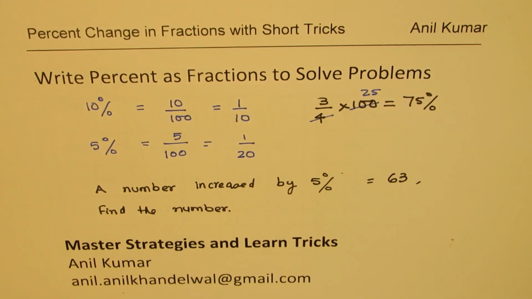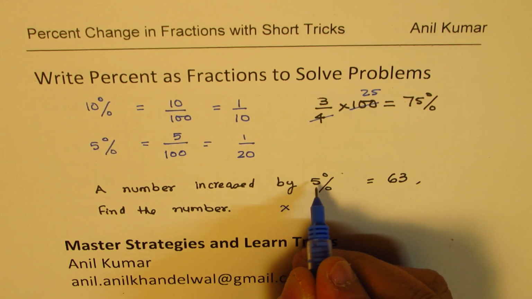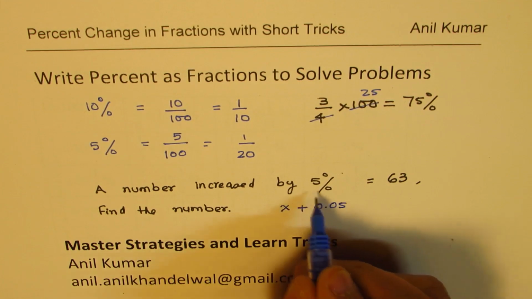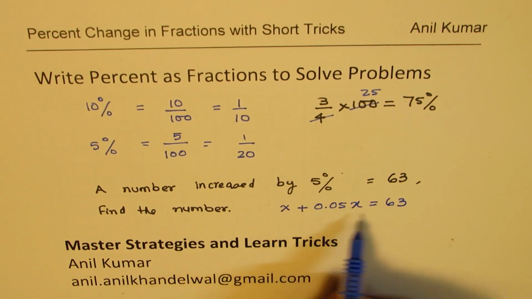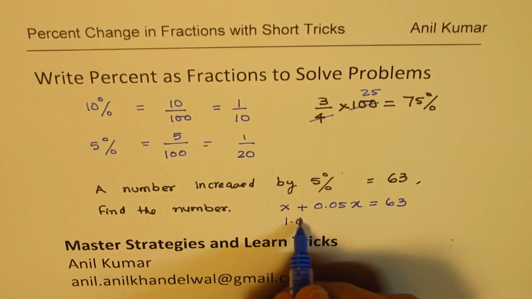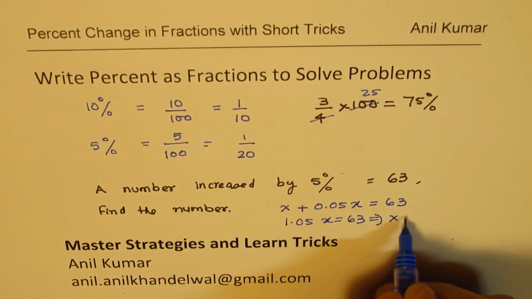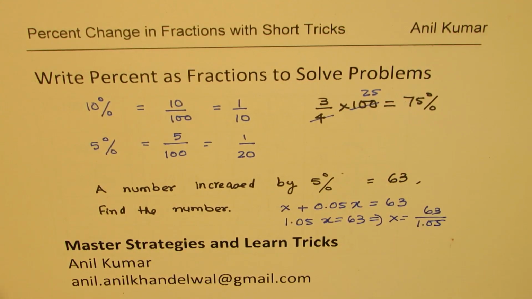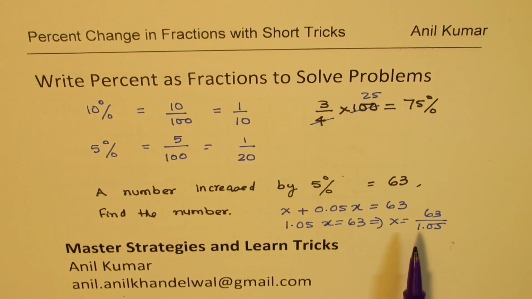Find the number. How will you do it? Well, to solve such a question, you will say let the number be x, and when you increase by 5%, it becomes 0.05, that is 5 over 100 times x, and that is equal to 63. So you have an equation: 1.05x is equal to 63. That means x is equal to 63 divided by 1.05. Imagine if you have to do all this without a calculator. It is extremely difficult. So this simple example actually becomes very complicated, right?